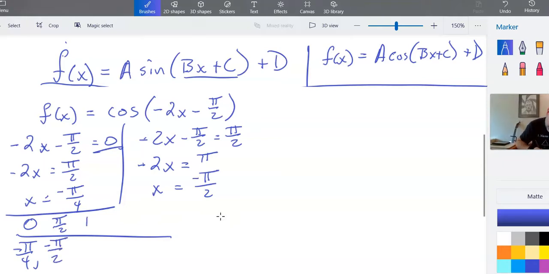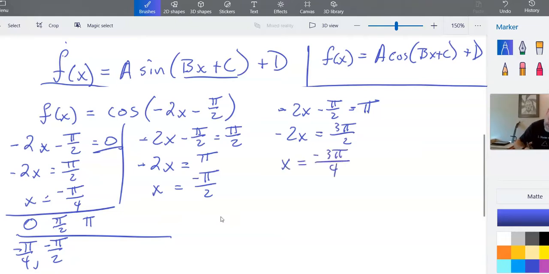Now we're going to do pi. So we have negative 2x minus pi over 2 is equal to pi. If I go ahead and add pi over 2 to both sides, I get negative 2x is equal to 3 pi over 2. And we're going to divide by negative 2, so that gives me x is equal to negative 3 pi over 4.